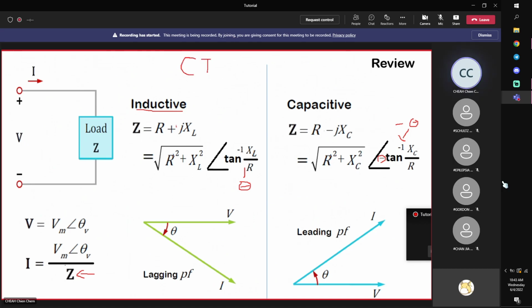This word will help you remember it: CIVIL. Inductor L, capacitor C.